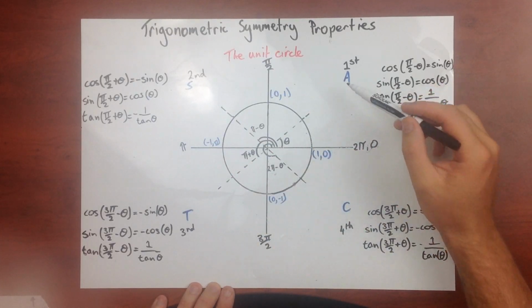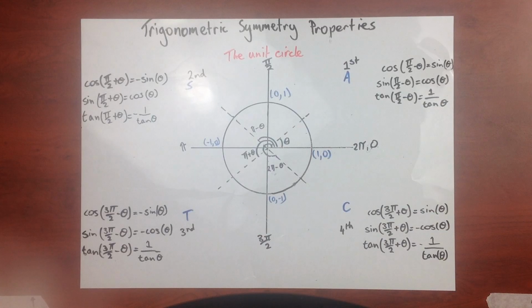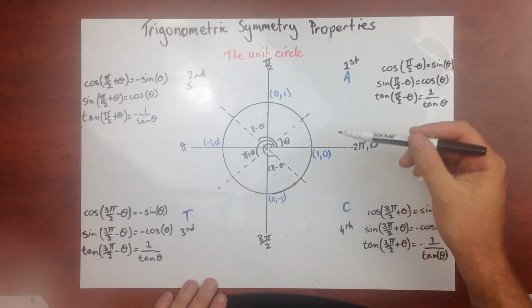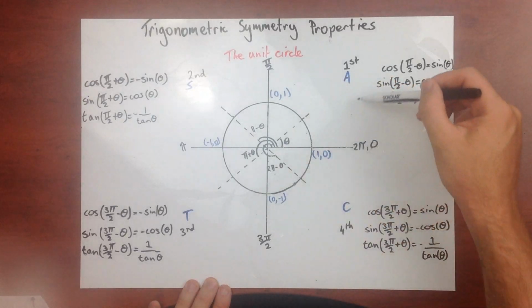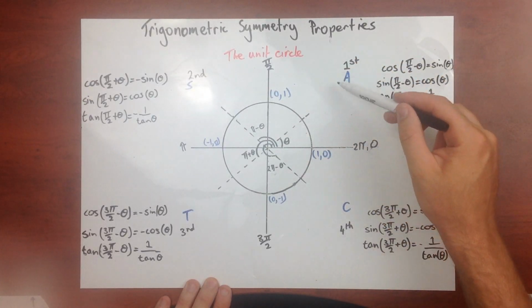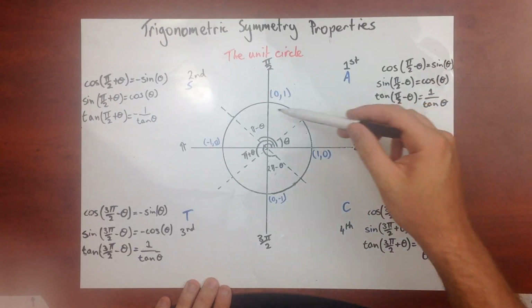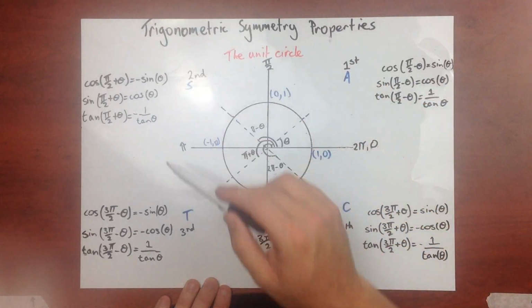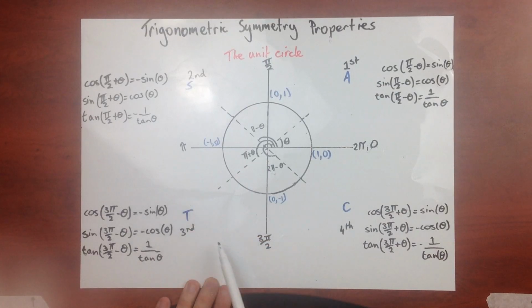What that tells us is which of our trig functions give a positive solution for the angles in those quadrants. In the first quadrant, all of them will give you a positive result. In the second quadrant, only sine will give you a positive result. In the third quadrant, only tan, and in the 4th quadrant, only cos.